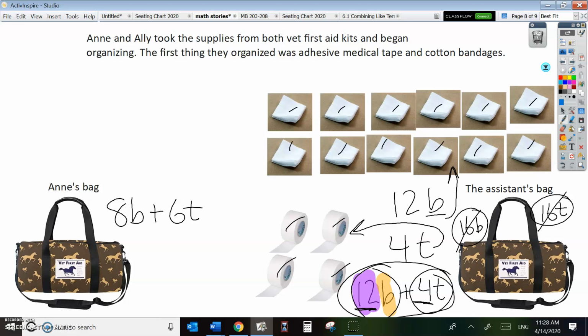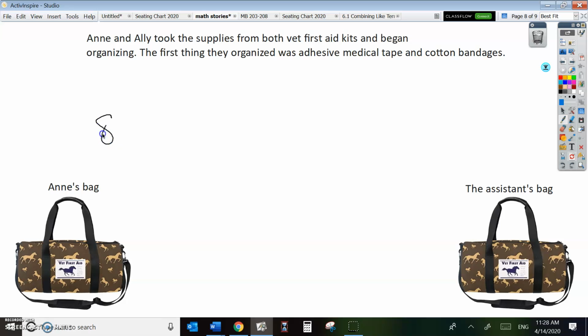Anne, 8B with 6T, and the assistant had 12B plus 4T. Okay, Anne was 8B plus 6T, and the assistant was 12B plus 4T.